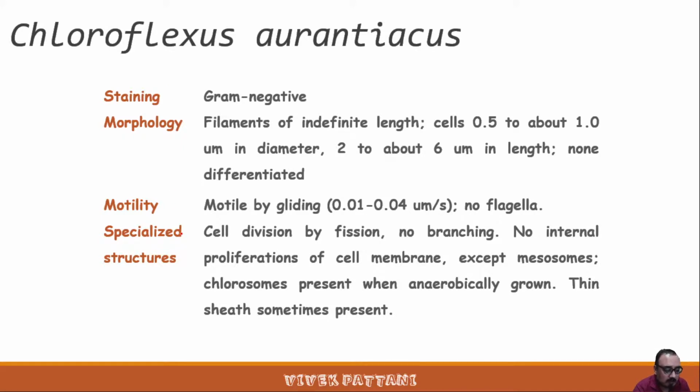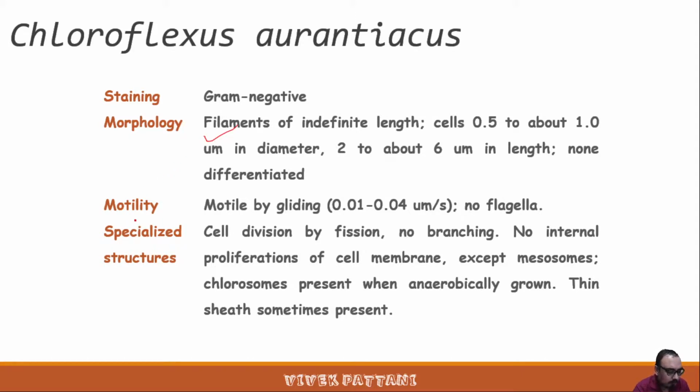The family contains green non-sulfur bacteria, and the main genus is Chloroflexus, which is thermophilic with an optimum temperature of around 52 to 60 degrees Celsius. They are found in hot springs where they form green or orange mats, and they have very long filaments.